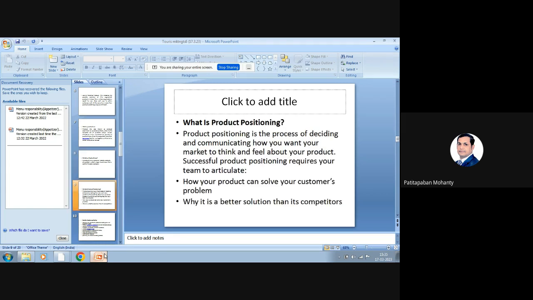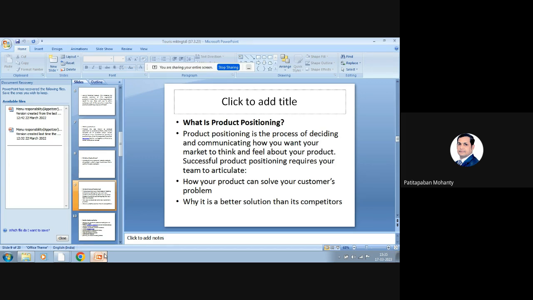So in the designing of this product, we should know what product positioning is, what over positioning is, and what under positioning is, and how it relates to the product designing process.